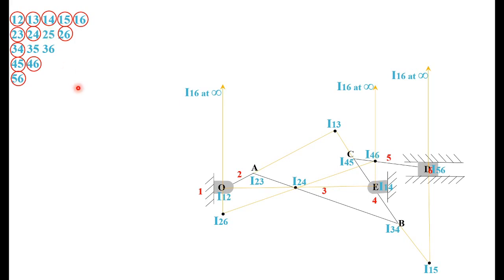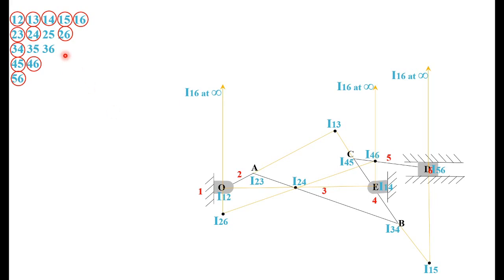Next take the other combination. After 1 we can take 2 3 5. If you take 2 3 5, 2 3 is known, the centers are 2 3, 3 5 and 2 5, but 3 5 is not located. Here you can see, therefore you cannot use the combination with the 3. Now you take 2 4 5.